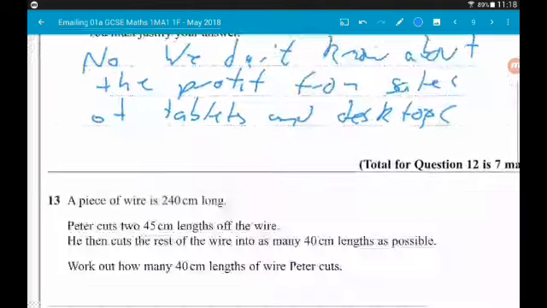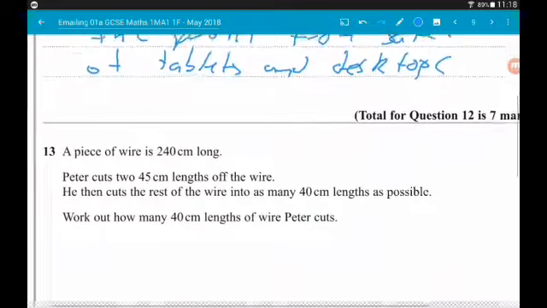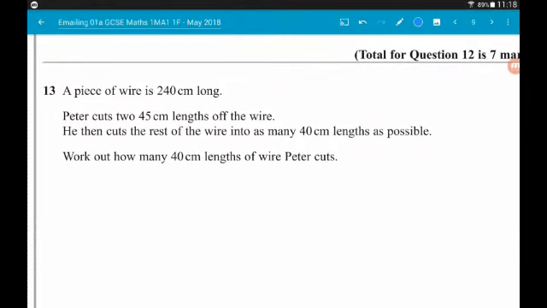Cool. Question 13. A piece of wire is 240 centimeters long. Peter cuts two 45 centimeter lengths of wire off of the wire. He then cuts the rest of the wire into as many 40 centimeter lengths as he can. We want to work out how many 40cm lengths Peter will have at the end.